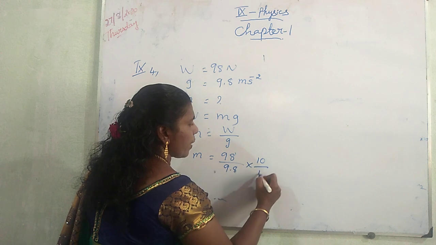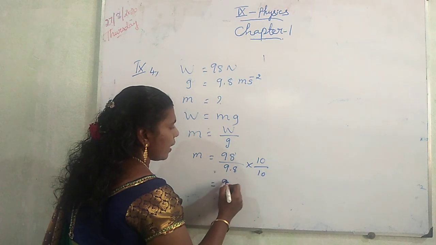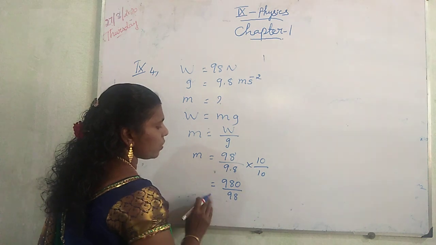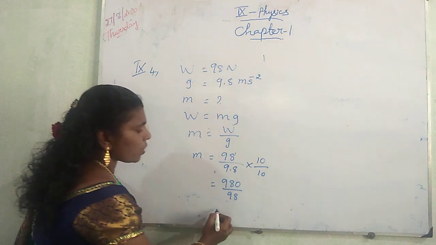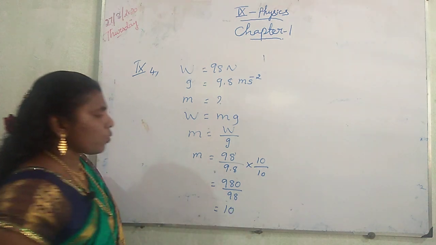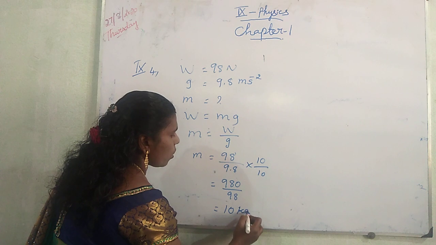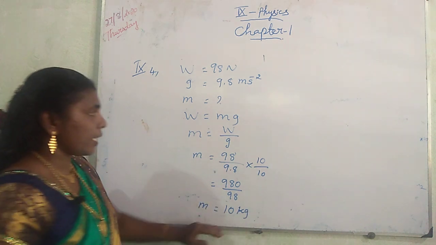So 980 divided by 98. Just cancel and you will get 10. What is the unit of mass? Kilogram is the unit of mass. So m equal to 10 kilogram.